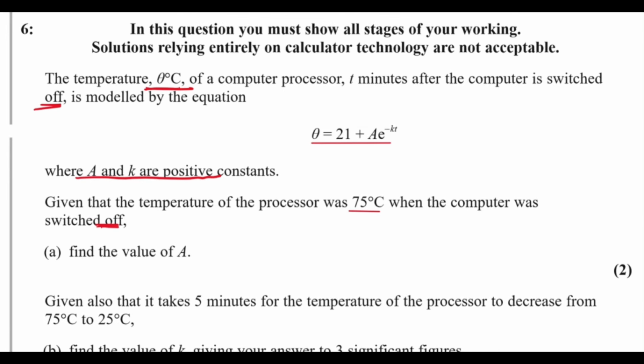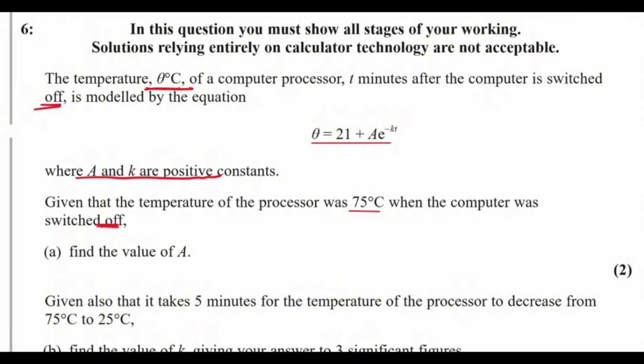From intuition, we can say that the temperature of the computer processor will decrease over time because the computer is switched off. So it will become colder and colder. So the temperature of a computer processor after the computer is switched off will constantly decrease. And this is given by the modeling equation here.